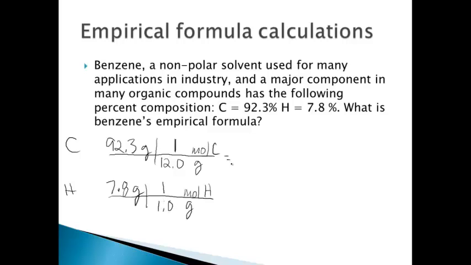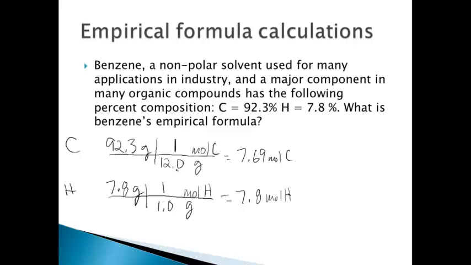Let's plug these into our calculator. 92.3 divided by 12 is 7.69 moles carbon. And for hydrogen, multiply by 1, divide by 1, gives you the same answer of 7.8 moles hydrogen.